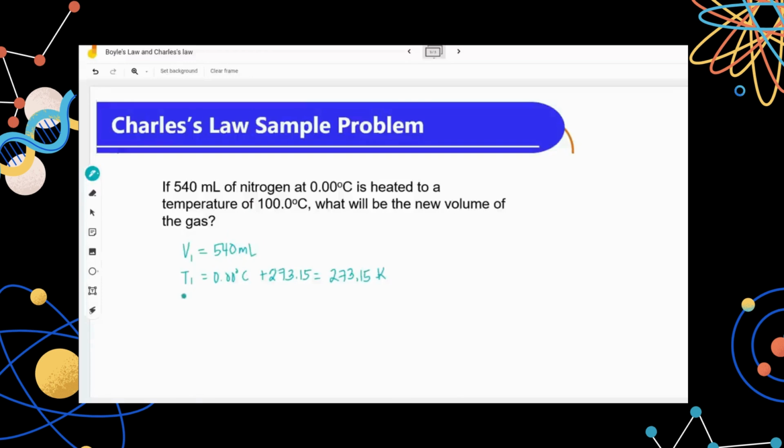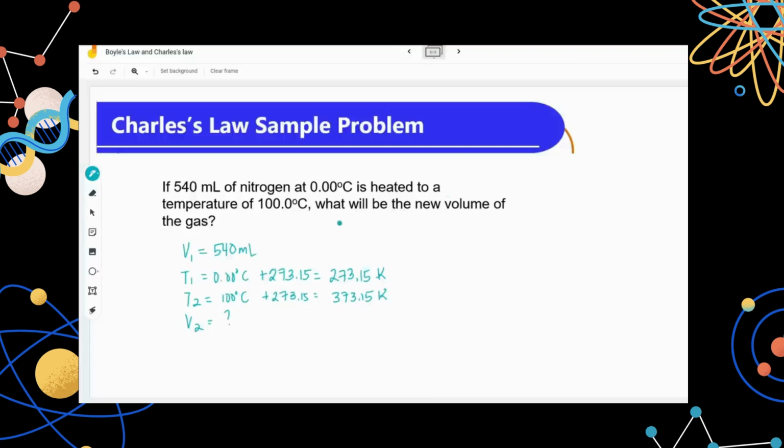The new temperature would be 100 degrees Celsius. So we add 273.15. We will be getting 373.15 Kelvin. And we are looking for the new volume of the gas.